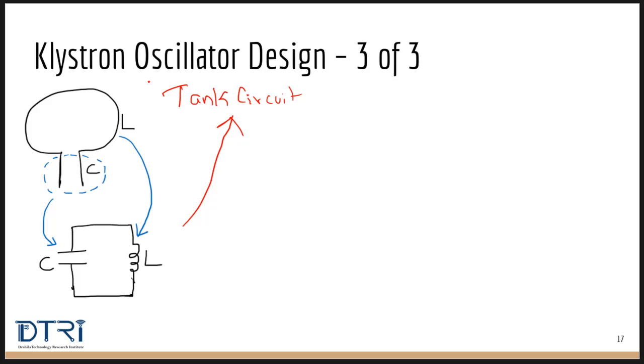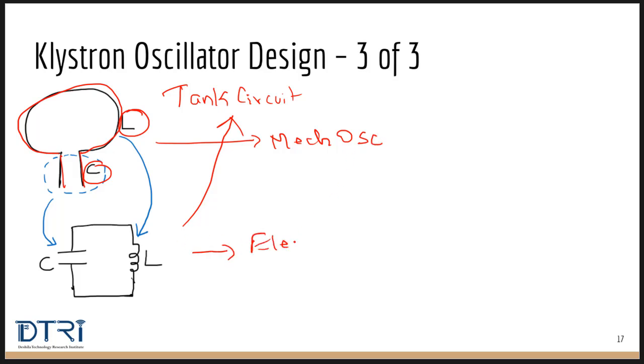The loop, what you see, is like an inductor L, and the opening is like a capacitor C, which has two parallel plates separated by an air gap. Hence, this is called a mechanical oscillator, and this is an electrical oscillator.